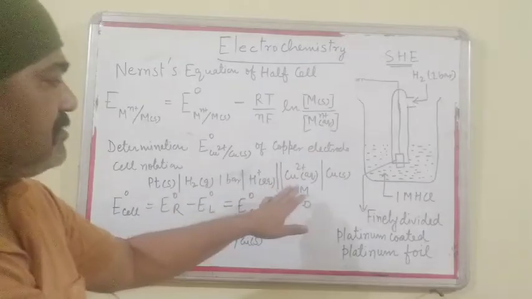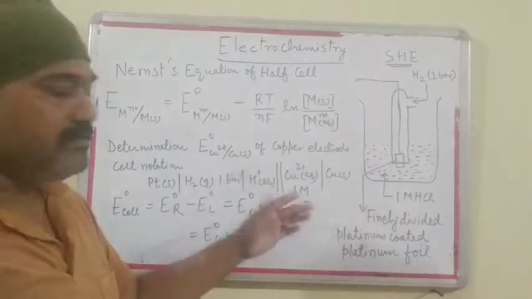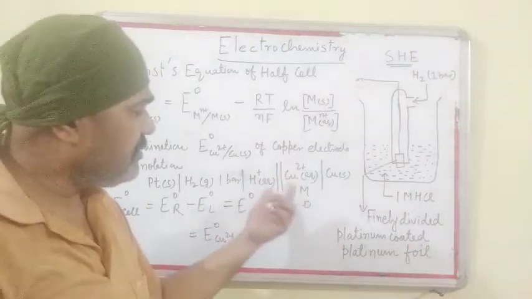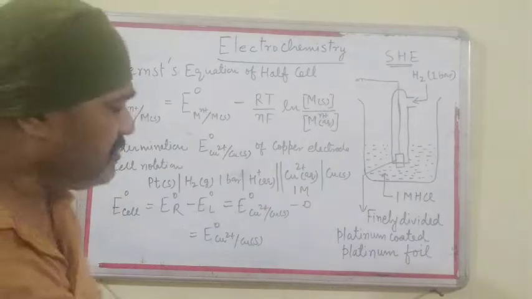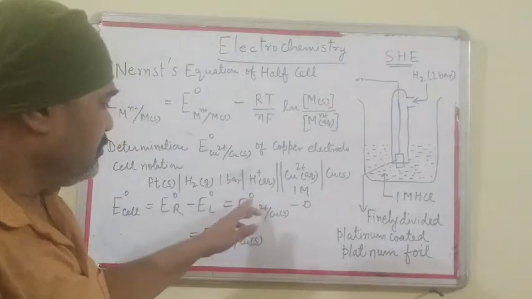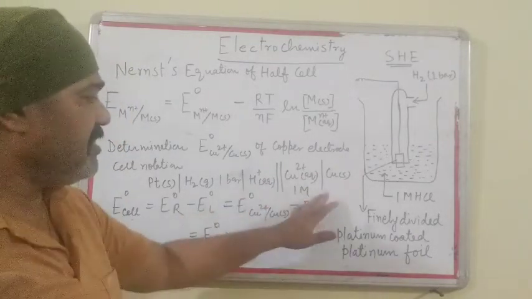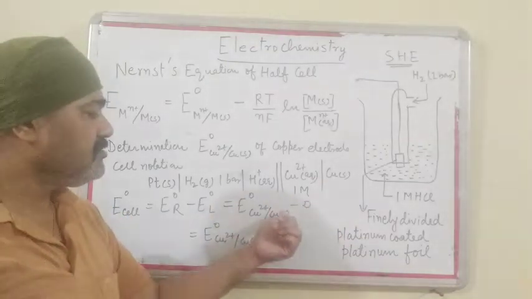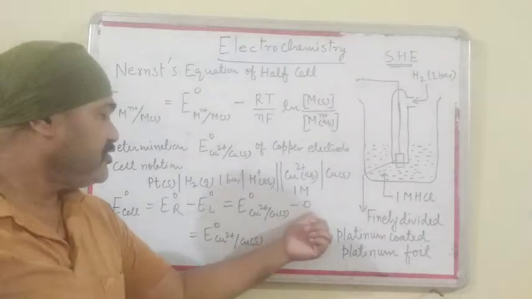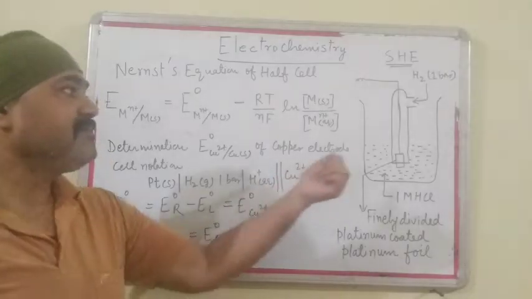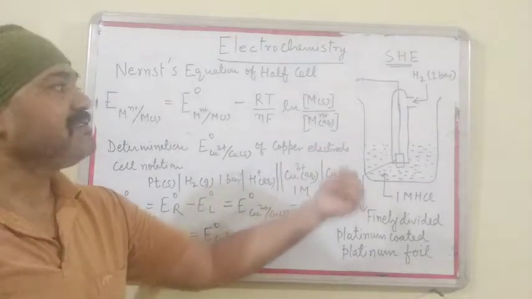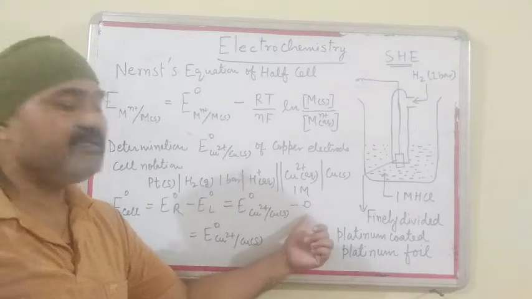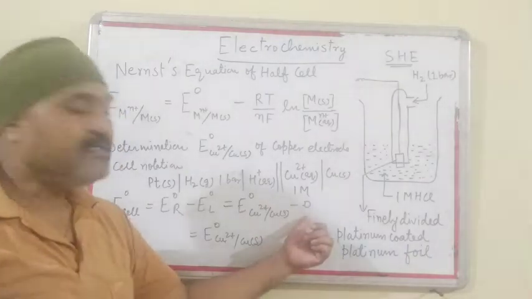Here we are going to find out the standard electrode potential of copper. So on the right hand side we have put the copper half cell, so E0 of Cu2+/Cu minus 0, because on the left hand side we have put the standard hydrogen electrode, that is the reference electrode, and by default its standard electrode potential is 0.